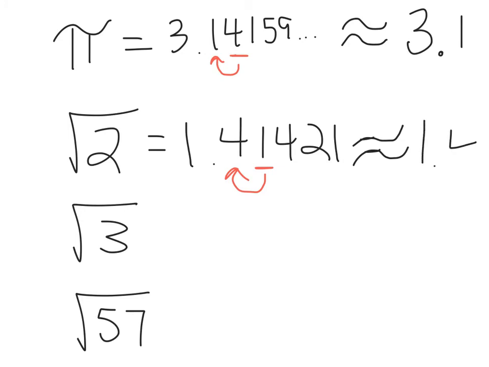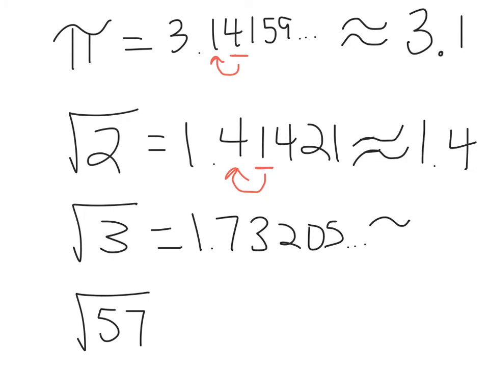It's about 1.4, right? Now square root of 3, again, I'm putting that in on my calculator. You may use calculators on your decimal approximations lesson. It equals 1.73205... which is approximately, again, looking at the hundredths place, it's saying stay the same, so 1.7.